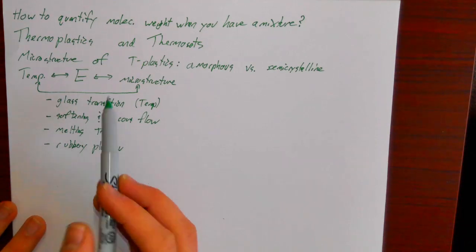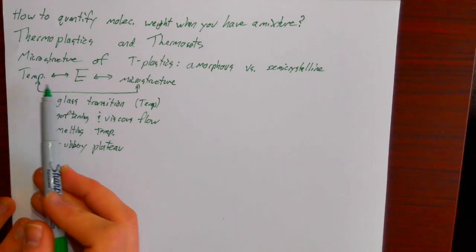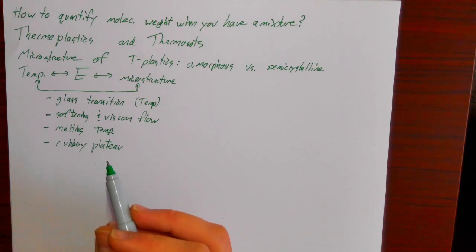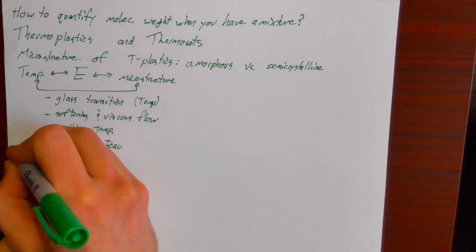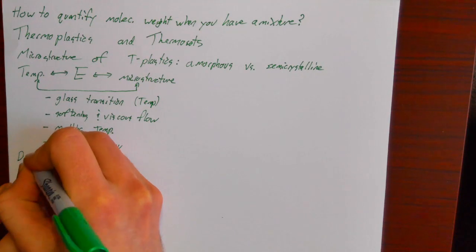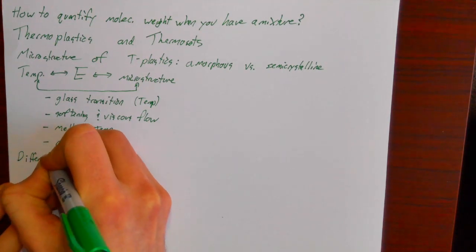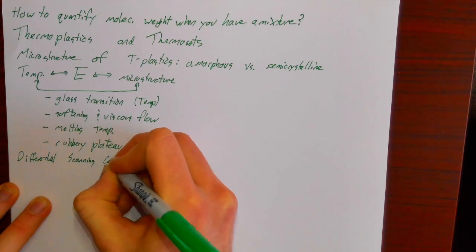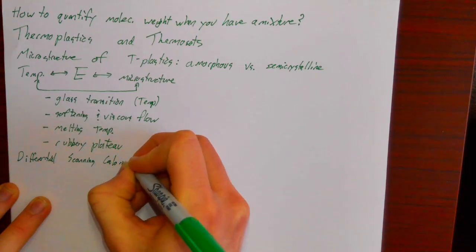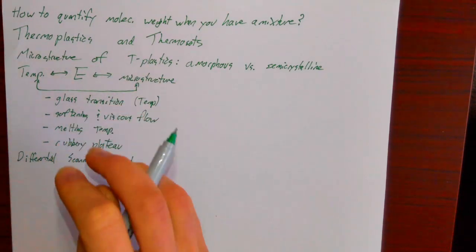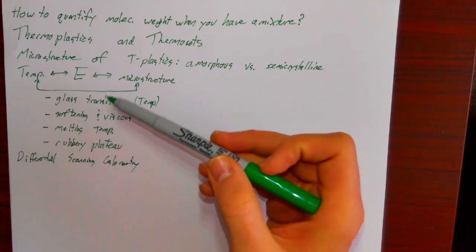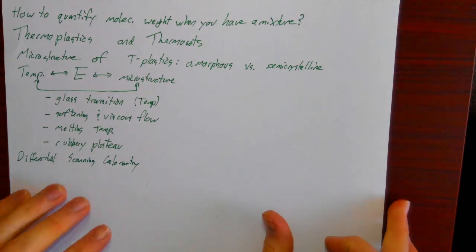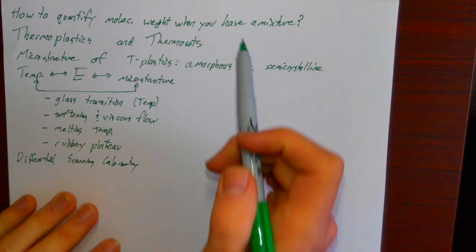This technique is called differential scanning calorimetry. With a relatively straightforward experiment in the lab, you can get the connection between temperature and some of these properties. So that's where we're headed.